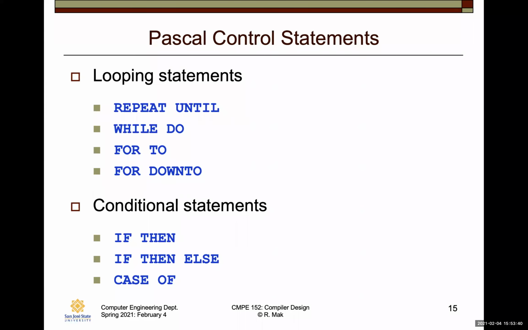And remember, Pascal was a language that came out in the 70s and became very popular in the 80s. And you can see that the ideas behind the various looping statements and the various conditional statements ended up in languages like C and C++ and so forth. Okay, so there's some historical significance to Pascal.